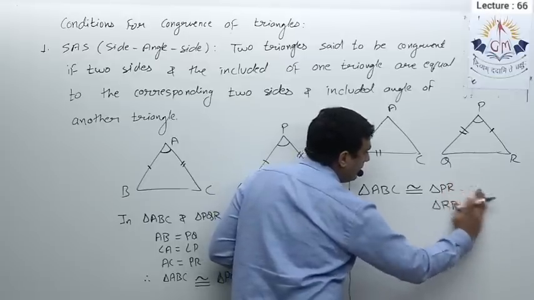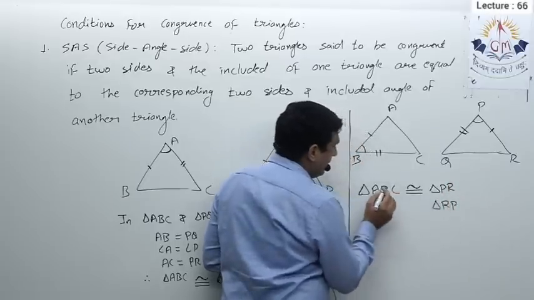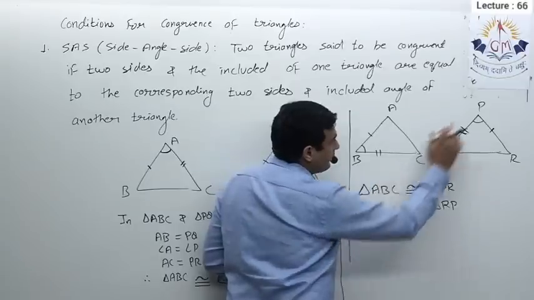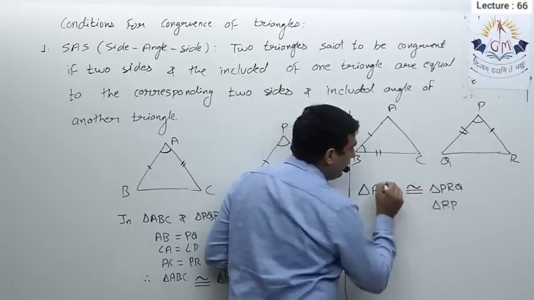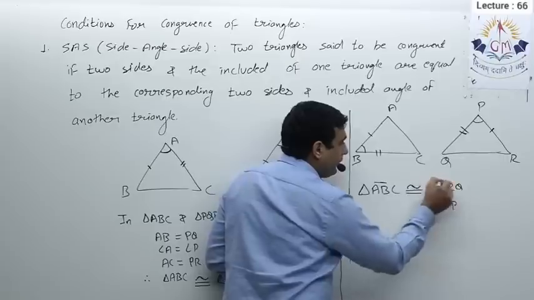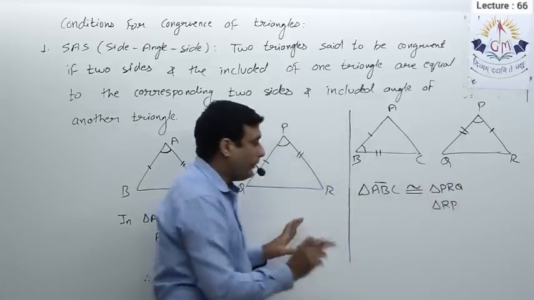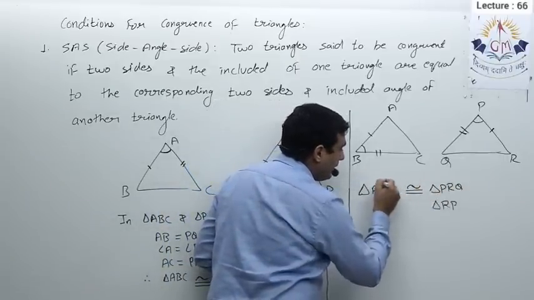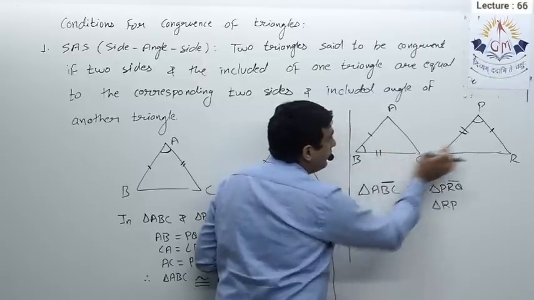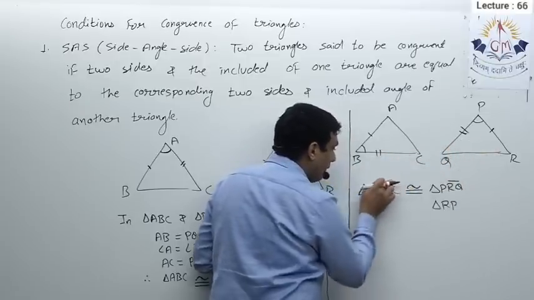Now I will check the next thing, that is side BC. Now BC is equal to PQ. If I write over here Q, then AB is definitely equal to PR. That is the correct combination. But when I write Q over here, that gives me BC equal to RQ, which is actually incorrect combination.